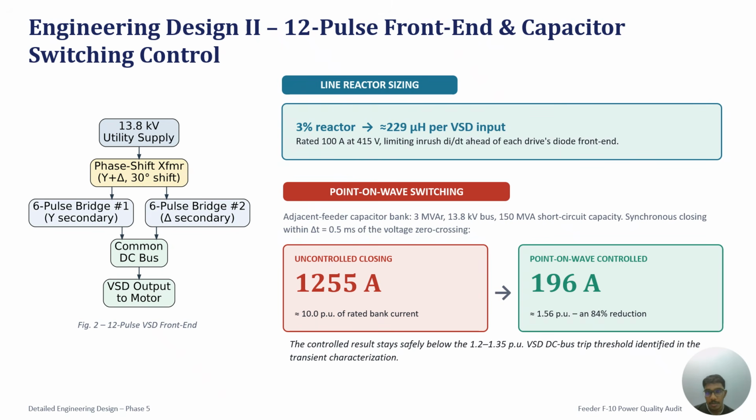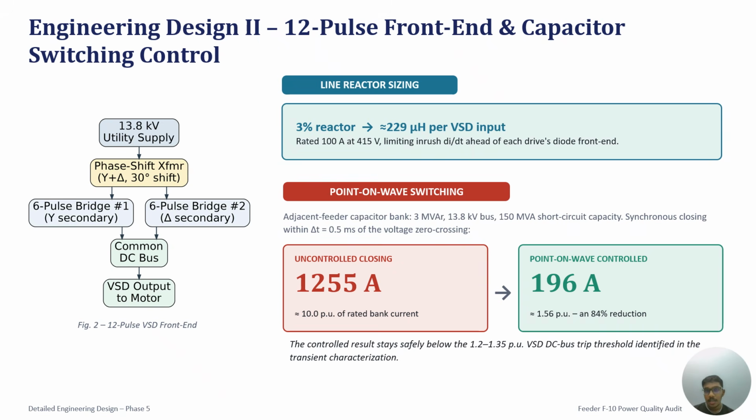So the impact is dramatic. Uncontrolled closing produces 1255 amps, about 10 per unit of rated bank current, while point-on-wave controlled closing brings it down to 196 amps, about 1.56 per unit, an 84% reduction.